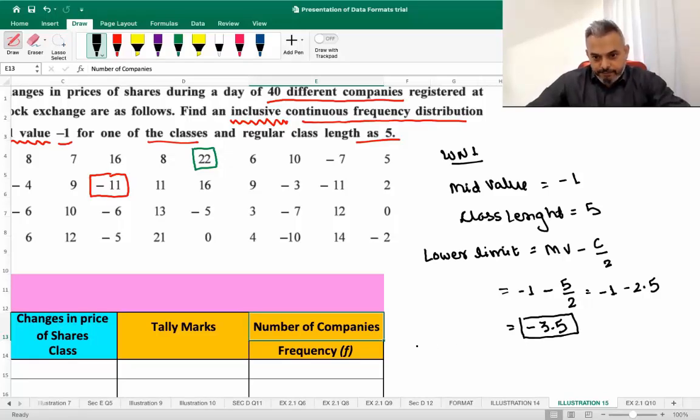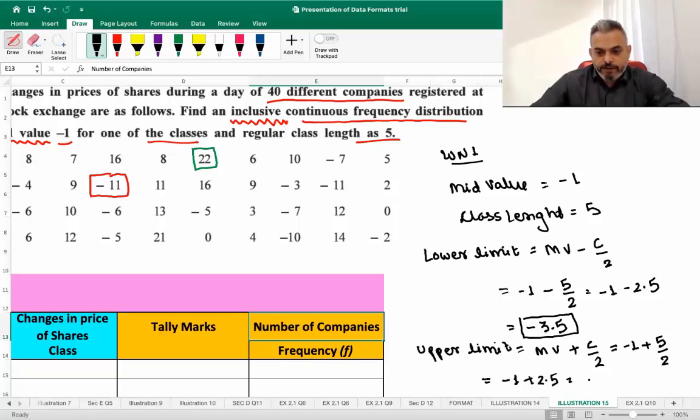Upper limit is equal to mid value plus class length divided by 2, which is equal to -1 plus 5 by 2, which is equal to -1 plus 2.5, which is equal to 1.5.